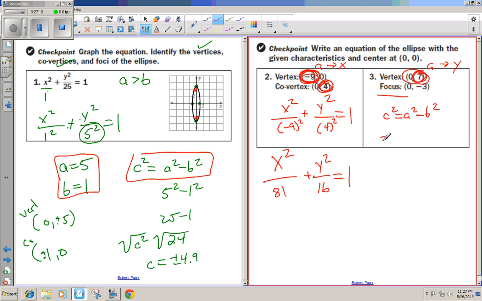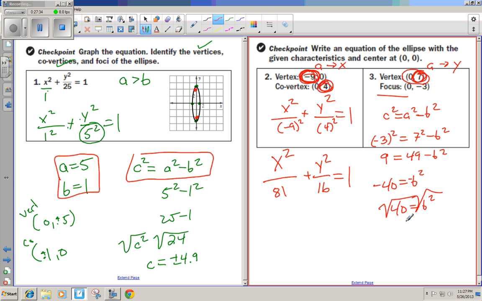We know that c is negative 3, so negative 3 squared equals 7 squared minus b squared. Go ahead and work some of this out. That's 9. Let's subtract. That's 9 equals 49 minus b squared, so negative 40 equals negative b squared. Divide by negative, so 40 equals b squared.